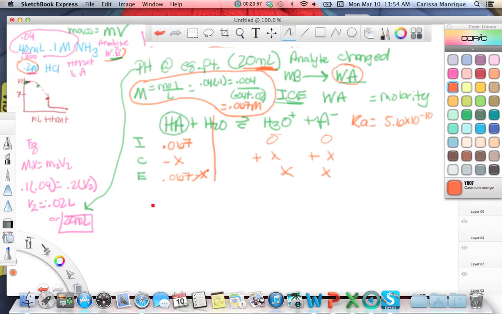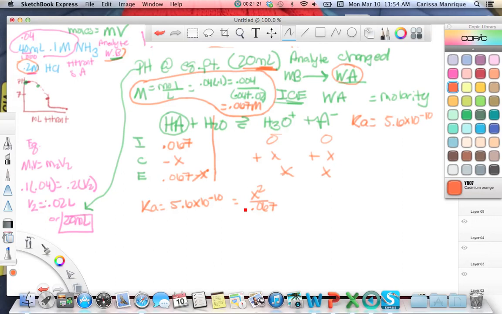Okay, so now let's set up our Ka. We know our Ka equals 5.6 times 10 to the negative 10 equals our products, which are x times x, which would be x squared, over our reactant, which is 0.067.